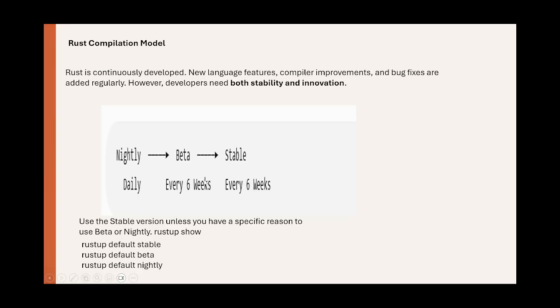The beta version is the next stable release. It contains newer features than stable, and it's also undergoing some testing. This beta will become stable in a few weeks in the next release. From a testing point of view, it is more tested than a nightly build.